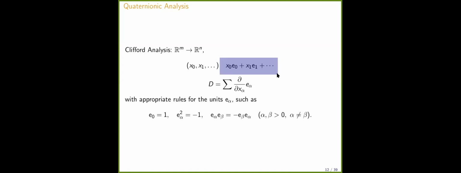There is a great difference between this multidimensional analysis and the several complex variables that was talked about in the previous conference, because here we manage to treat all of this as a single variable. So it has more of the spirit of functions of one variable than functions of several variables.